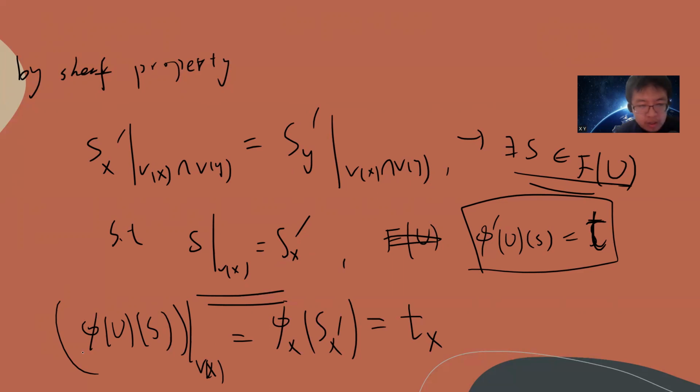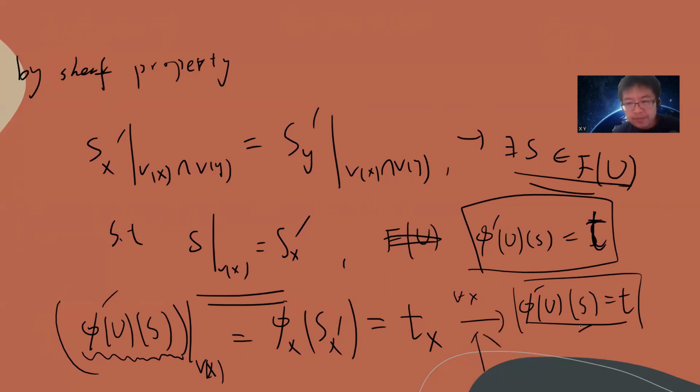Okay, so that means that this is a sheaf, restricted to any v of x it becomes t of x. So this tells you that for every x they agree on all the open sets. So this means that phi prime of u of s is the same as t. Okay. So now we basically use the gluing property twice.